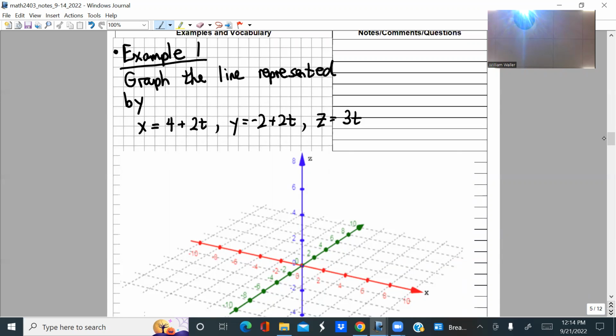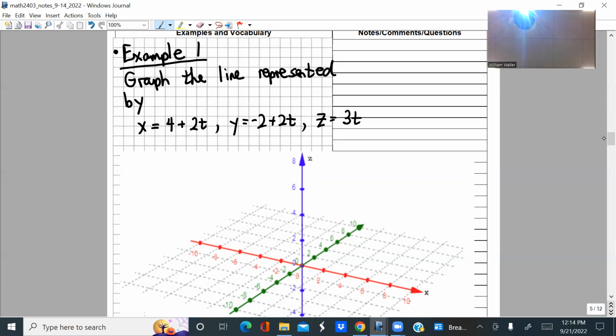So really, what we have to find are two points on the line, and then just try to draw a line between them. We could also do this in a different way by finding one point on the line, finding the direction vector, and then trying to draw out from that point parallel to the direction vector. Okay, that's your second option.